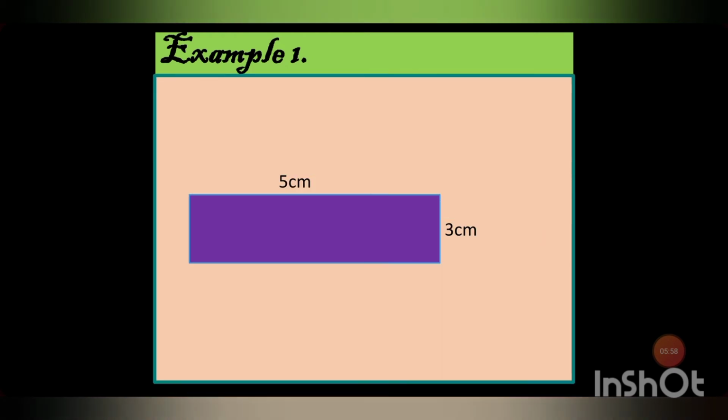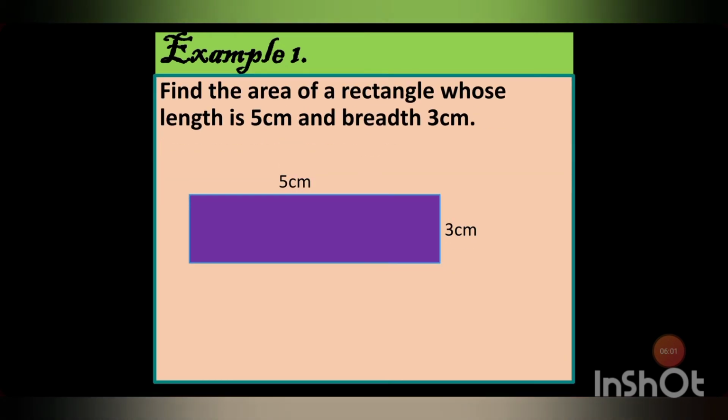Now let's look at some examples. Example number 1. Find the area of a rectangle whose length is 5 centimeters and breadth 3 centimeters. So what are you going to do? Remember, you must always put down the formula.